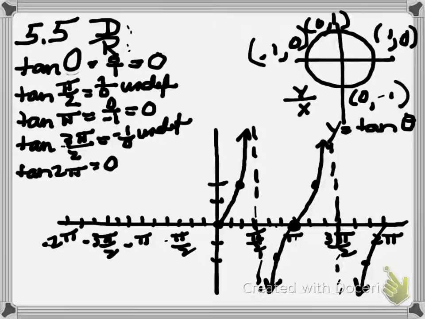The domain here is that it is defined at values of 0, pi, 2 pi, and so on. So the domain, it's telling you where it is defined or where it is undefined.